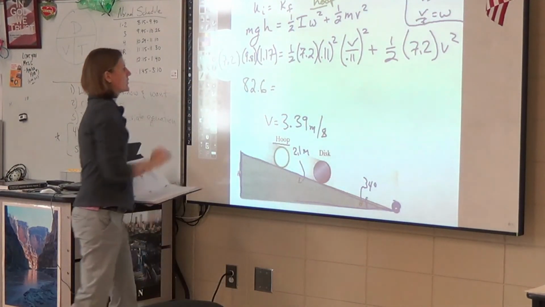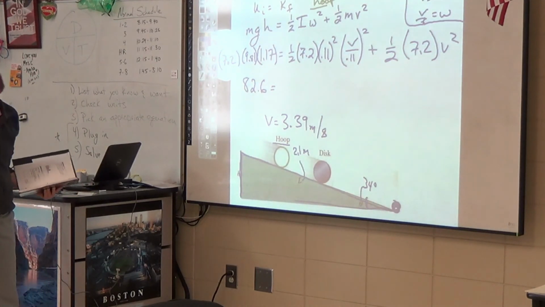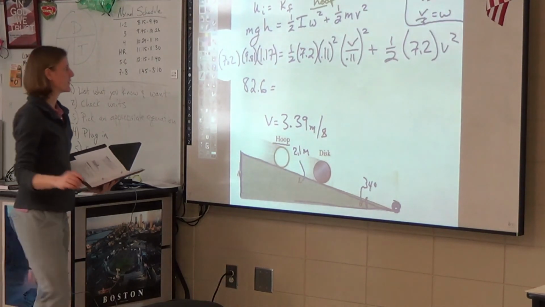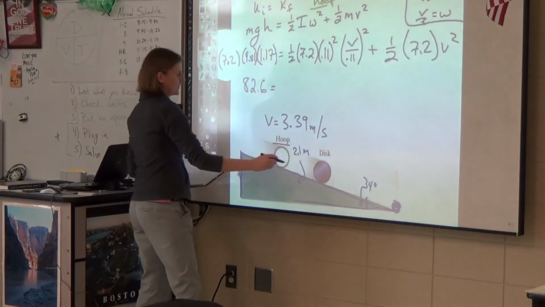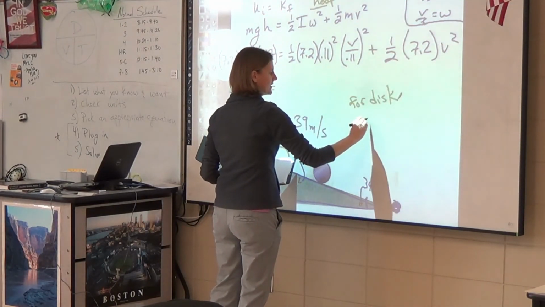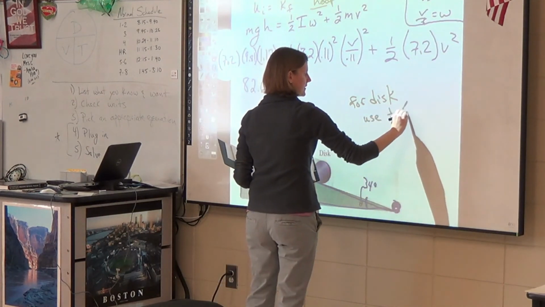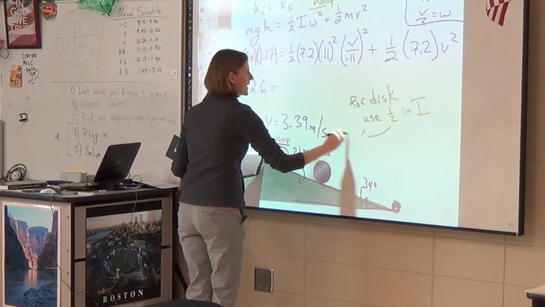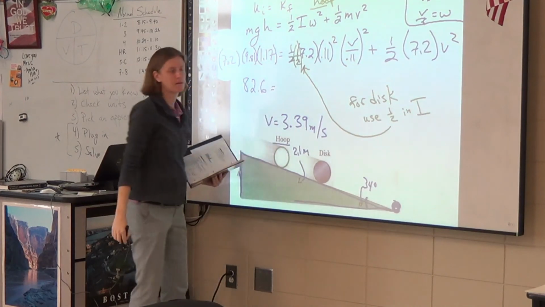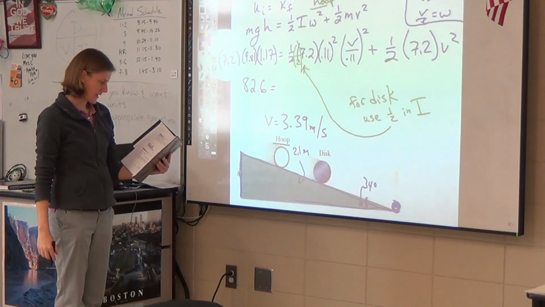Now, out of this whole equation, what's really the only thing we need to change for the disk? The disk had the same mass, same radius, the moment of inertia. So all I would have to do for the disk is put a 1/2 in here. That's it. Otherwise, the same exact thing. So again, I will try to save you that trouble.